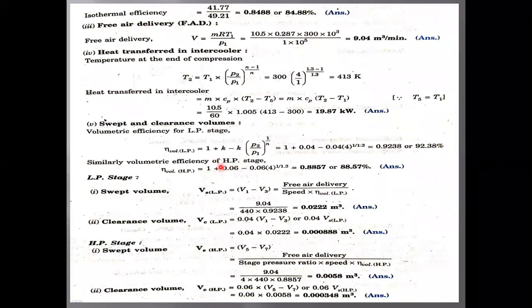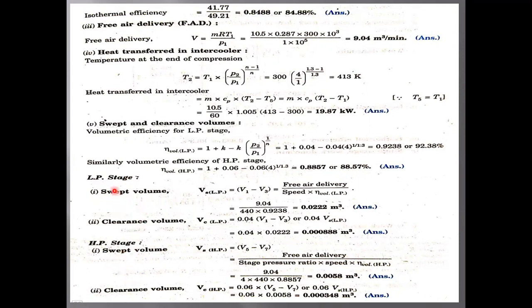Why? Because for the high pressure cylinder, the clearance ratio is 0.06, right? So 1 plus 0.06 minus 0.06 into 4 power 1 by 1.3 will give us for the high pressure cylinder the volumetric efficiency as 88.57%.